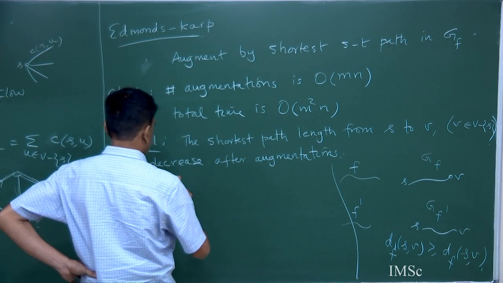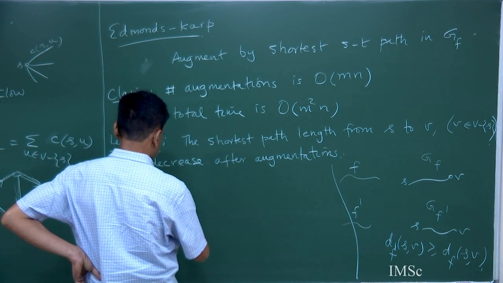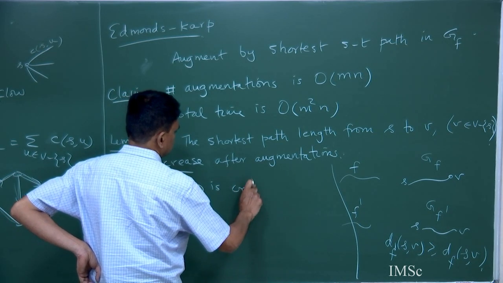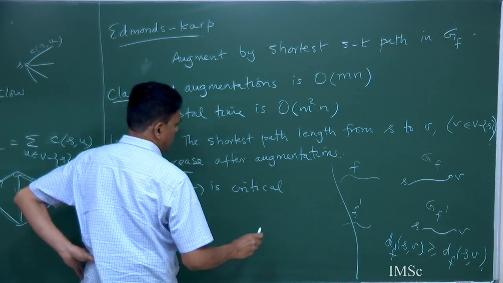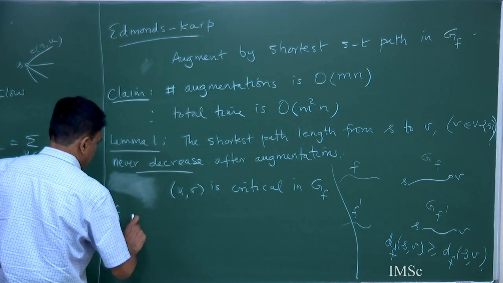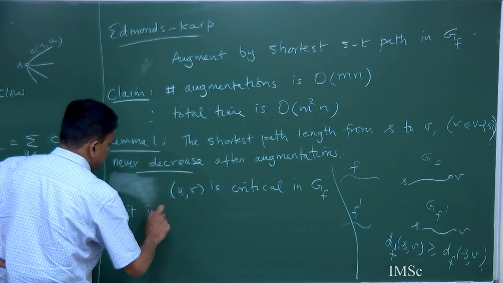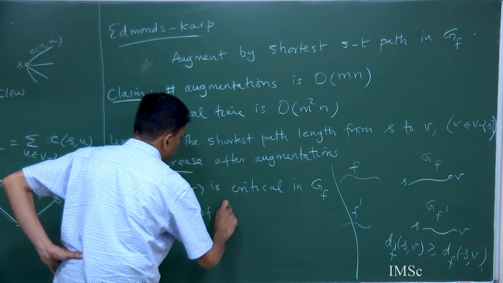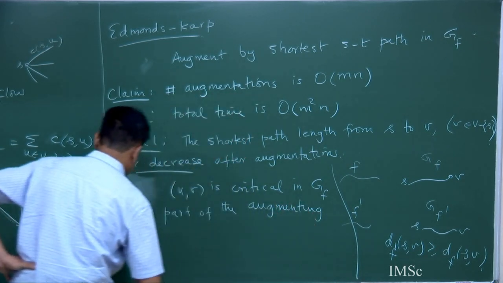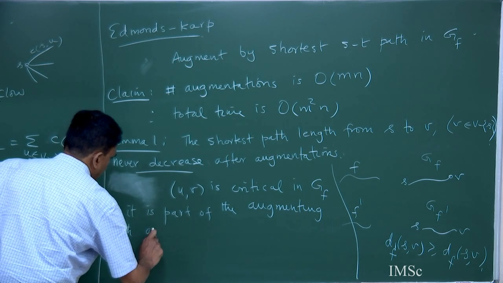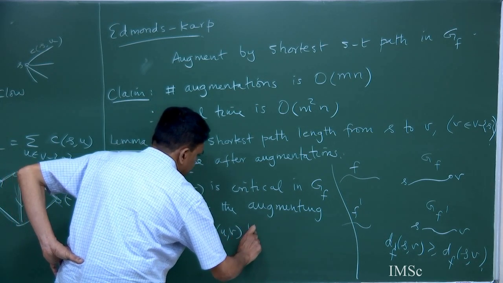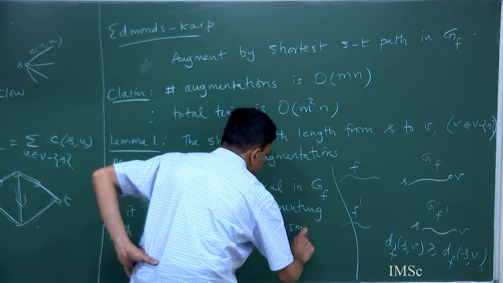So what is a critical edge? An edge UV is critical in GF, let's say, in your residual graph, if it is part of the augmenting path and its residual capacity is the smallest in the path.